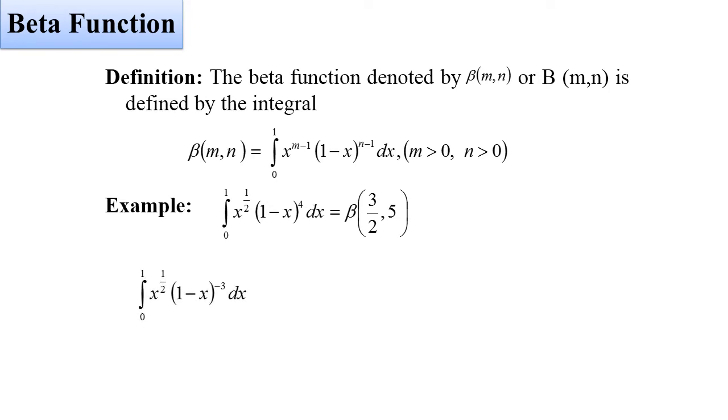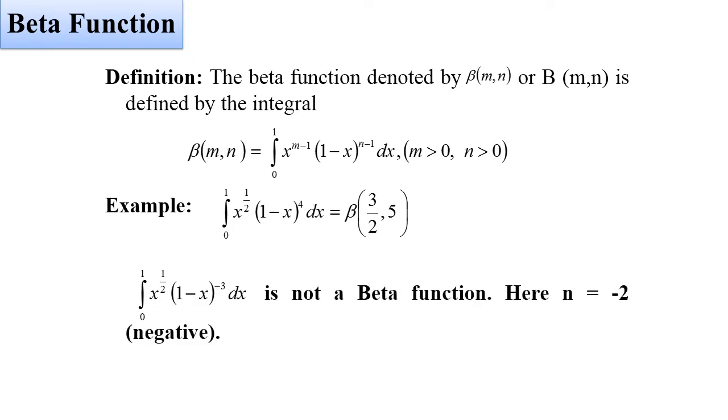Similarly, if we write the integral from 0 to 1 of x to the power 1/2, times 1 minus x to the power minus 3, dx, this is not a beta function because here n is minus 2, which is negative. As I told you, m and n should be positive numbers.